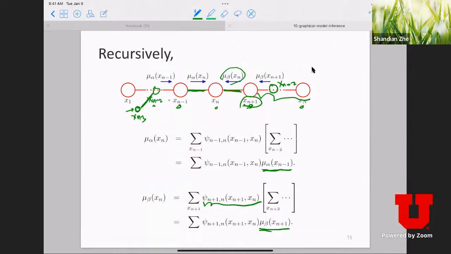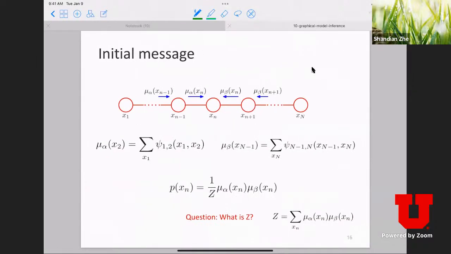Okay, great. So now we have figured out a way to efficiently compute these messages. We can start from the leftmost node and sequentially calculate the forward message from each node to its next node, one by one, until you arrive at the rightmost node xN.